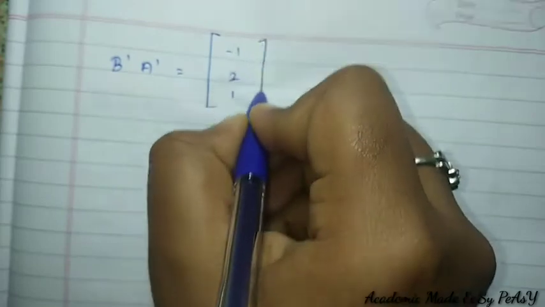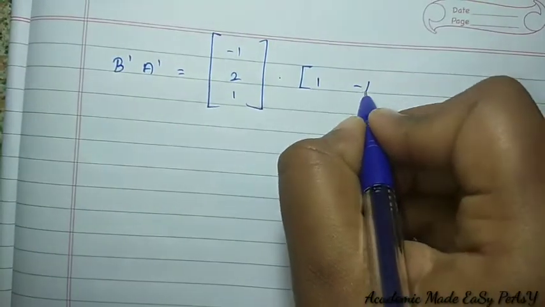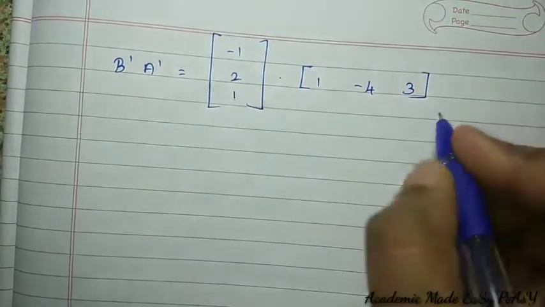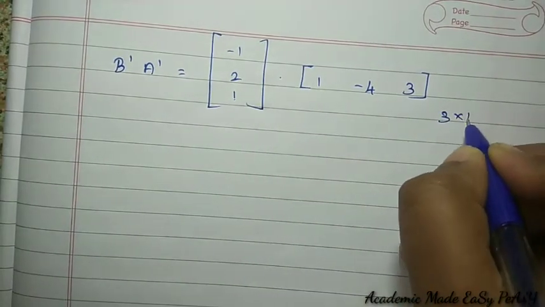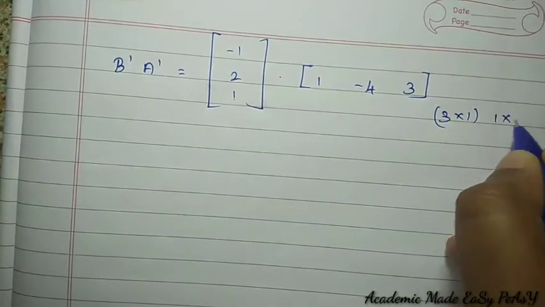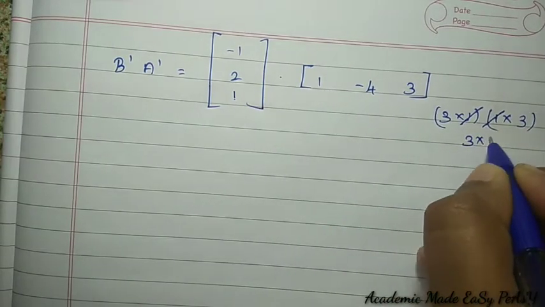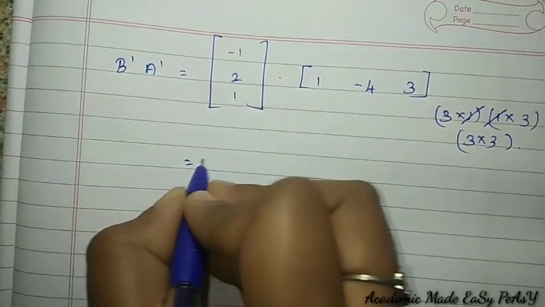So what was my B transpose? Minus 1, 2, 1, into, what was my A transpose? 1, minus 4, 3. So now what is this? Matrix order 3 by 1, and here it is 1 by 3. So this and this will get cancelled. So 3 by 3. So the final matrix will be 3 by 3.